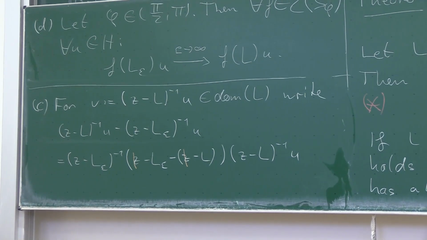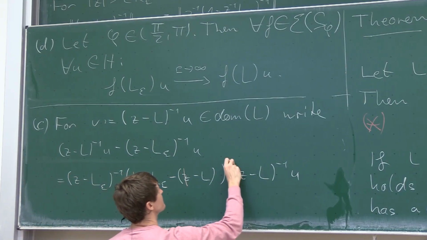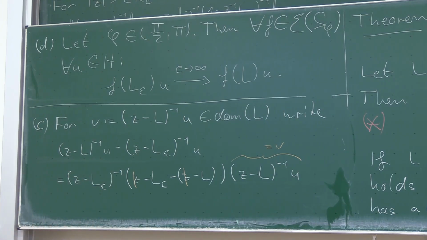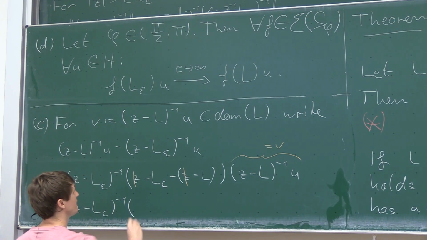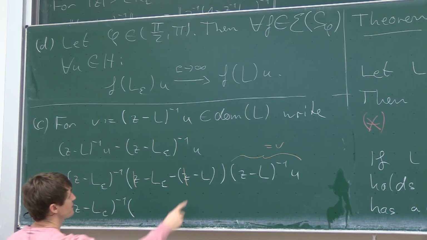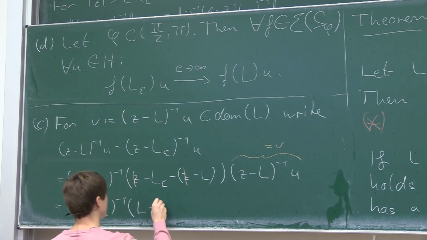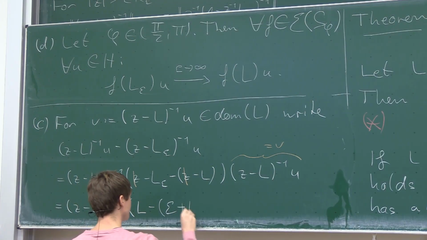And furthermore, we defined V to be exactly this here on the right-hand side. So this here is just given by the vector V. Okay, so this is the same as the resolvent of L epsilon multiplied by L minus L epsilon applied to V. Okay, and L minus L epsilon is given by definition as L minus, and now I just plug in the definition of L epsilon, which I erased already, but you can believe me, it's just the definition.